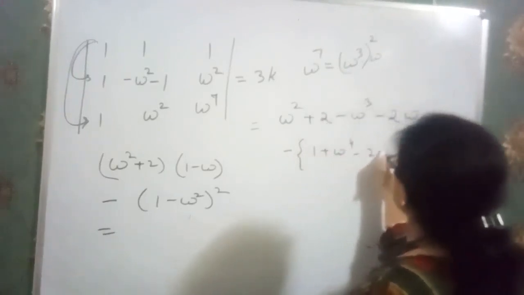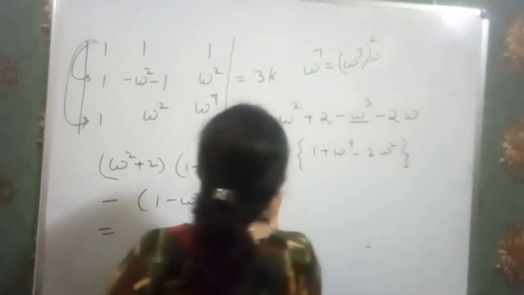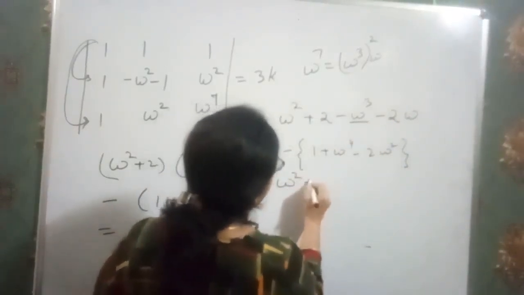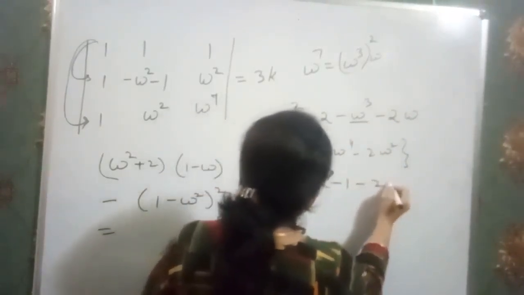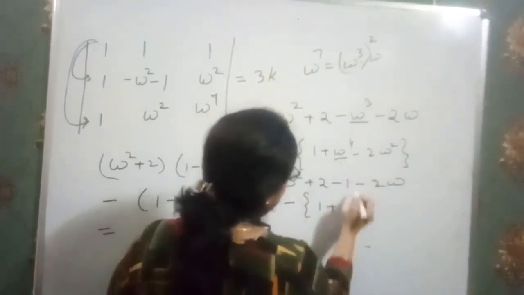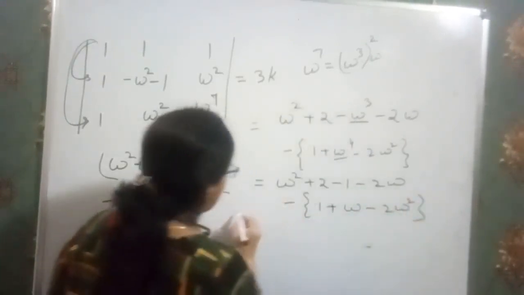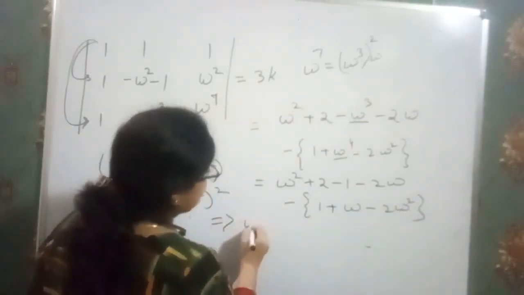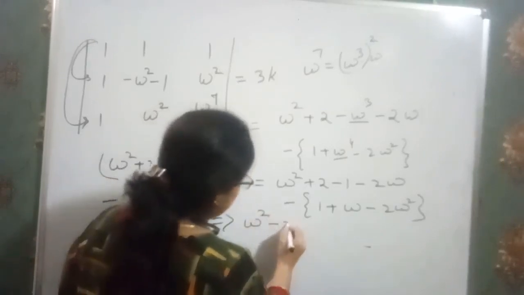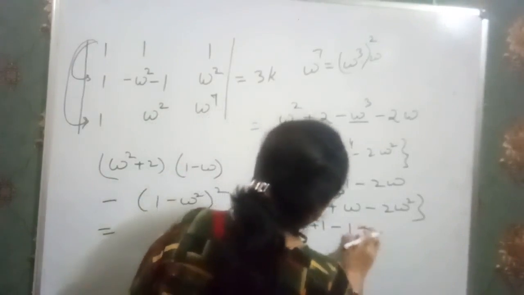Now omega cube is 1, so we have omega square plus 2 minus 1 minus 2 omega minus 1 plus, this is left over with omega, minus 2 omega square. Just open the bracket, we have omega square minus 2 omega plus 1 minus 1 plus minus omega and plus 2 omega square.